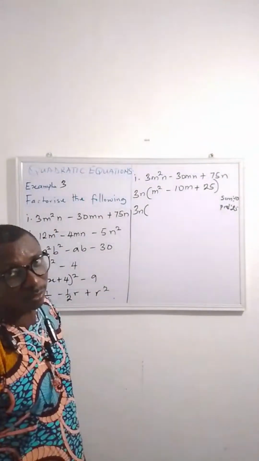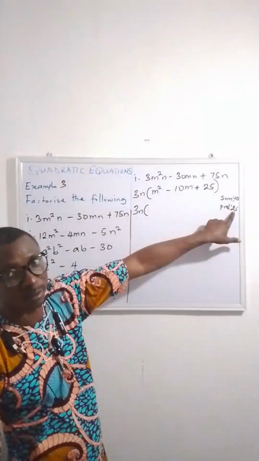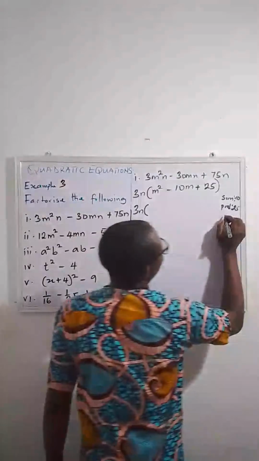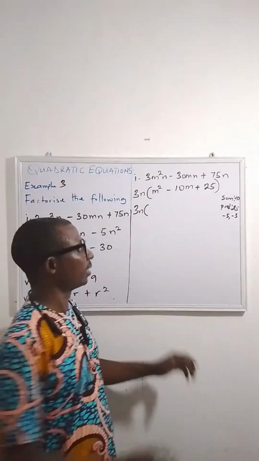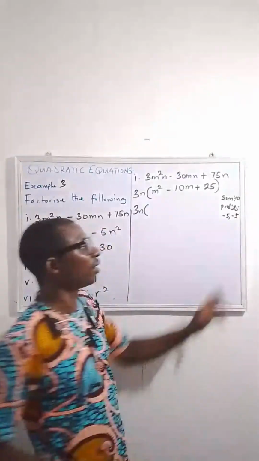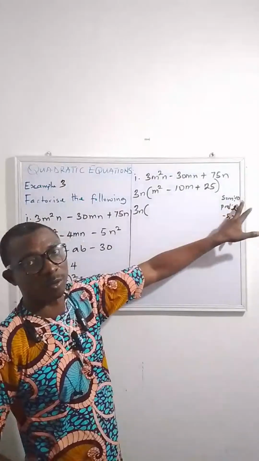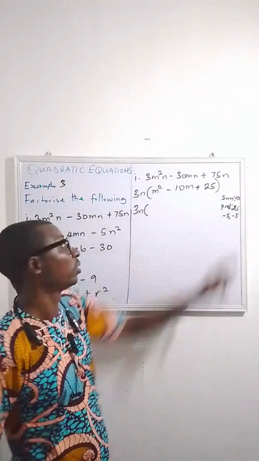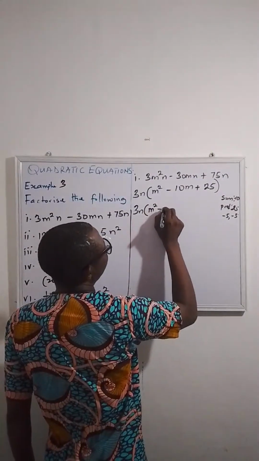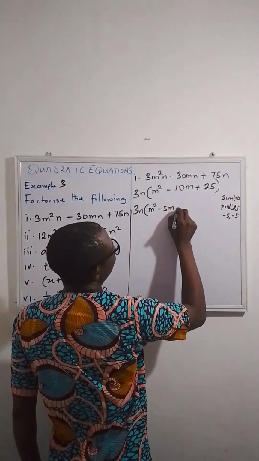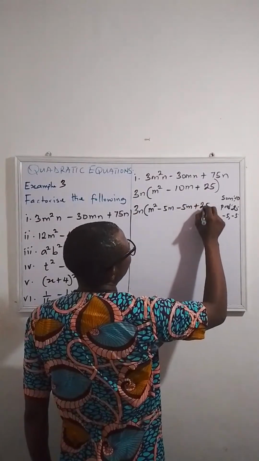Okay, so what are the two numbers? Now, those numbers must be factors of this. So the two numbers are negative 5 and negative 5. If I say negative 5 times negative 5, I have positive 25. And when you add together, you have negative 10. Okay, so that means this turns to m squared minus 5m minus 5m plus 25.